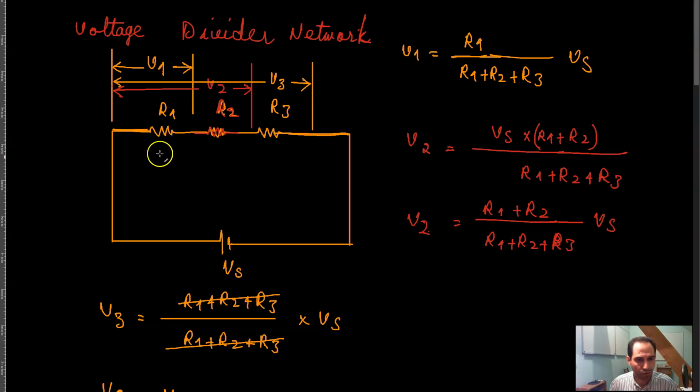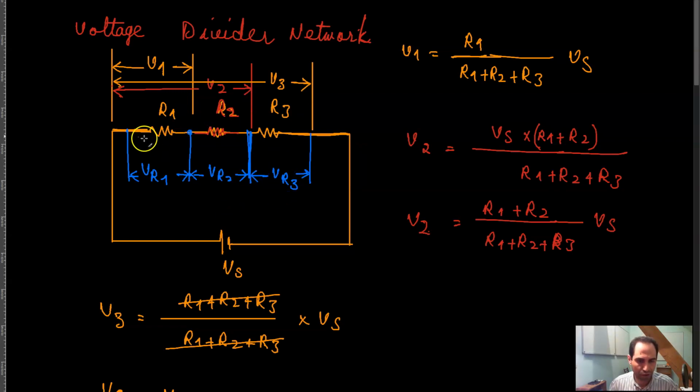And what I mean by V of R1 is basically the voltage across these 2 points. Exactly these 2 points. And then V of R2 would be the voltage across these 2 points, right? And then V of R3 would be the voltage across these 2 points.